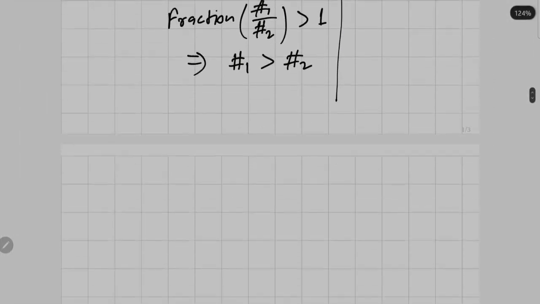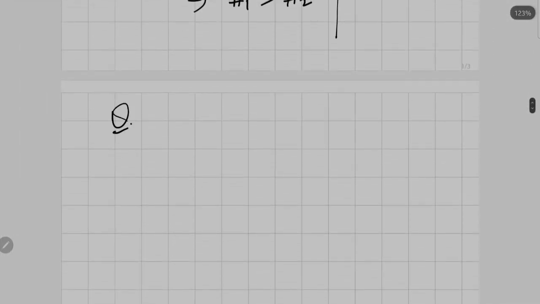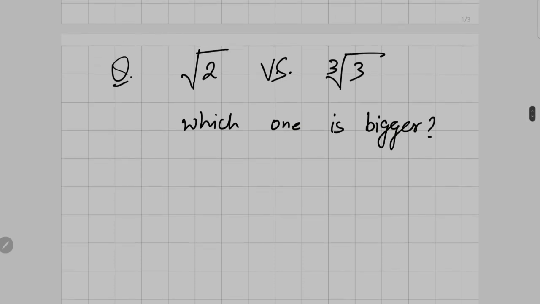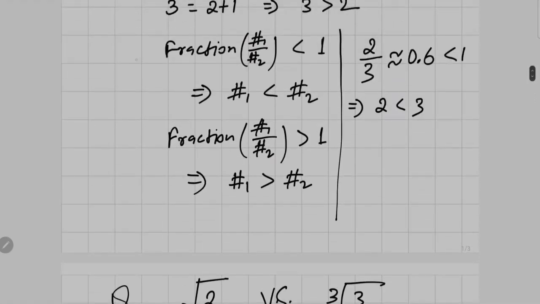Again, I am asking you, square root of 2 versus third root of 3. Which one is bigger? I can't handle this by rule.